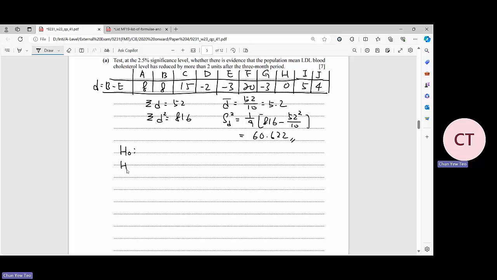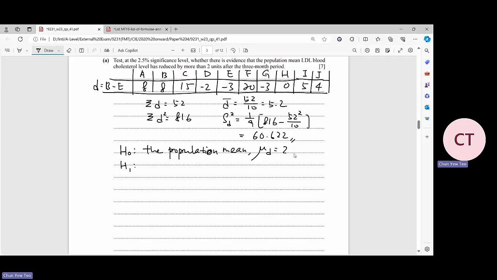The null hypothesis and the alternative hypothesis. So this one, it will be the population mean of the difference, I would say mu D. Mu D is 2.